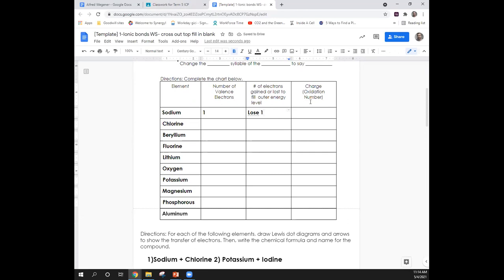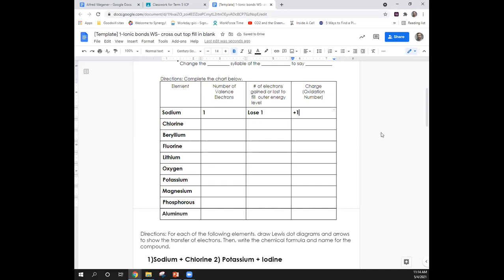And then this says oxidation number. That just means after it changes, what charge is it going to have? So if it loses 1, what's its overall charge going to be? Loses 1 electron, so it becomes positive. +1. So I'm going to put a +1 there.